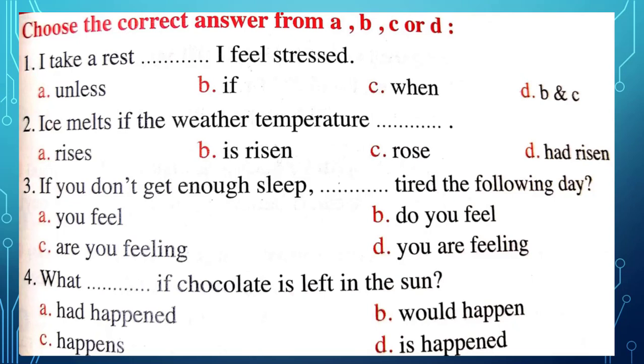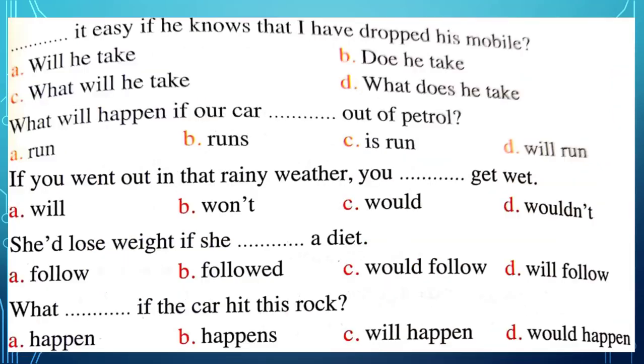Number 4, what space if chocolate is left in the sun? Had happened, would happen, happens, is happened. Okay, so what happens if chocolate is left? Okay, space it easy if he knows that I have dropped his mobile.